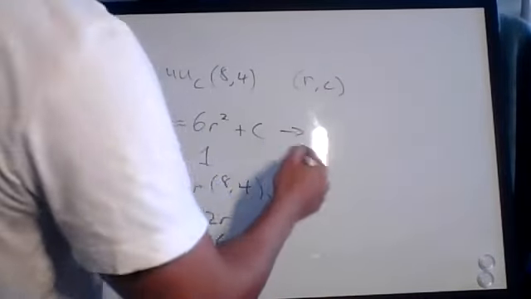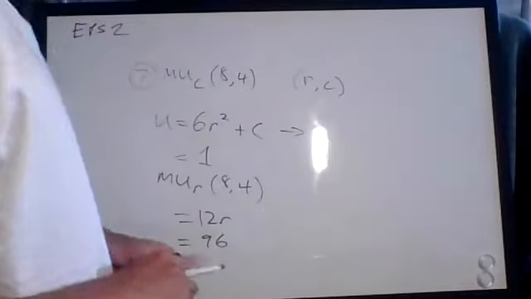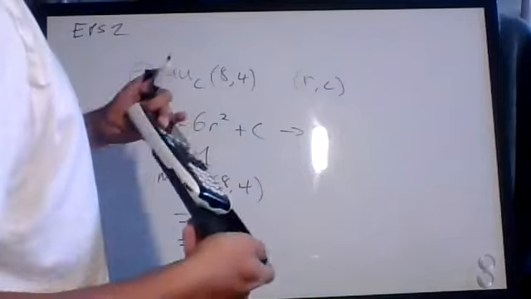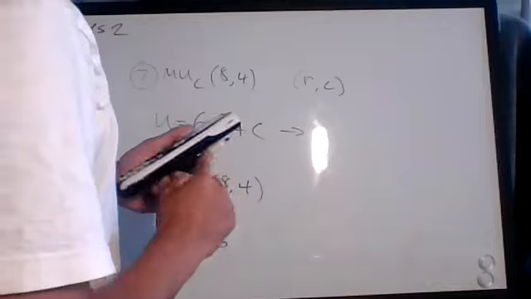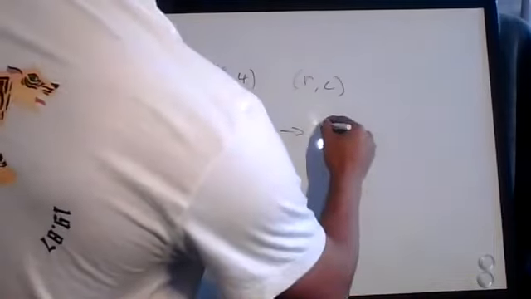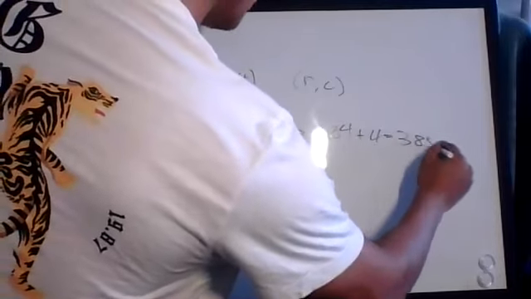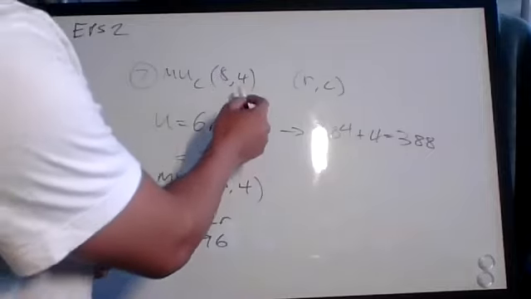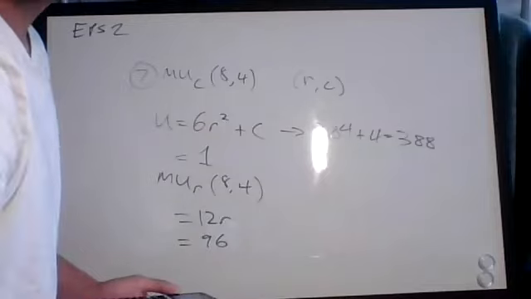So it would be 6 times 64, which is 384, plus 4, equals 388. Having this bundle, 8, 4, gives me 388 units of utility.